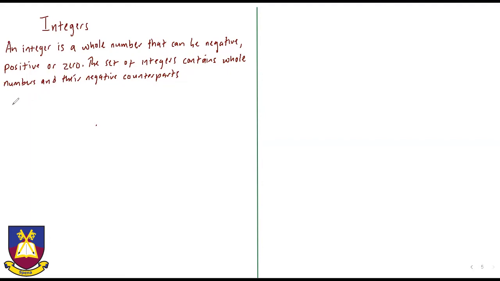So if I was to write the set of integers, normally denoted as Z, it would be -3, -2, -1, 0, 1, 2, 3, and other members. So we could see that the set of integers has so many elements that are actually uncountable.